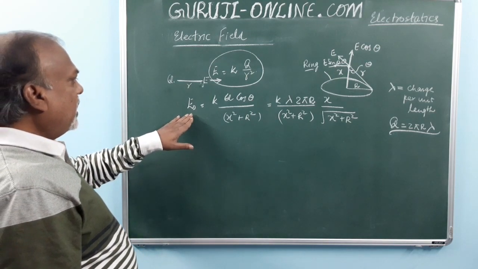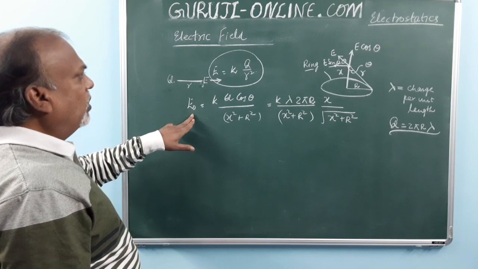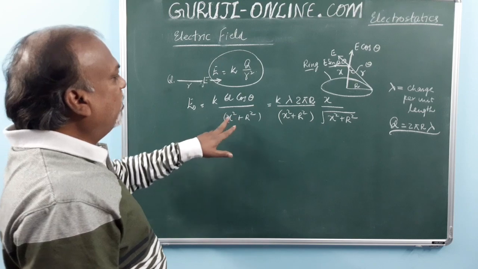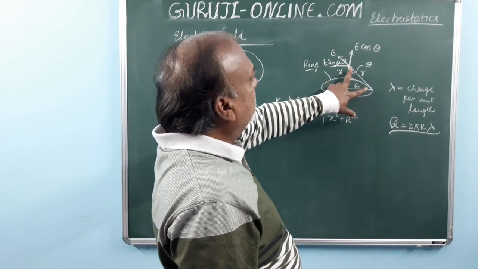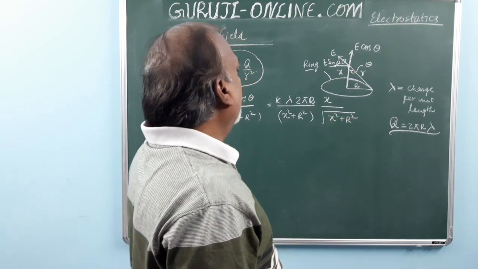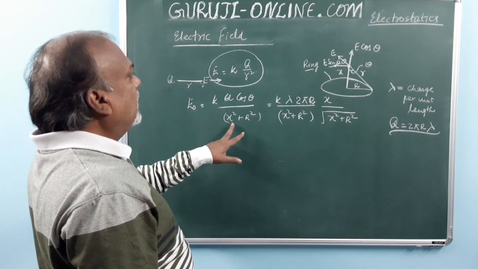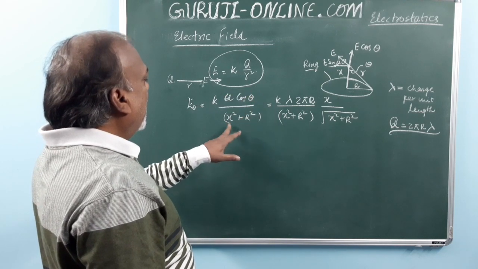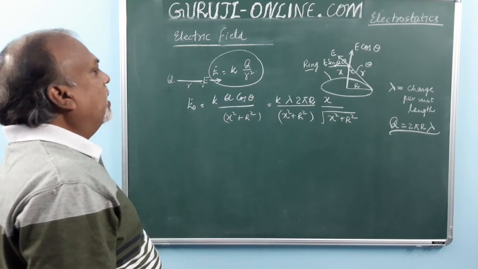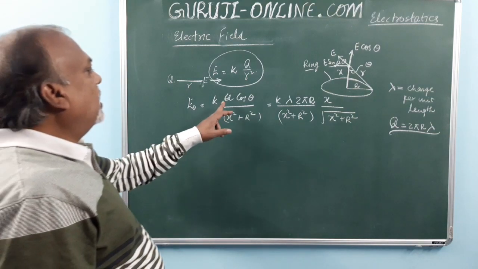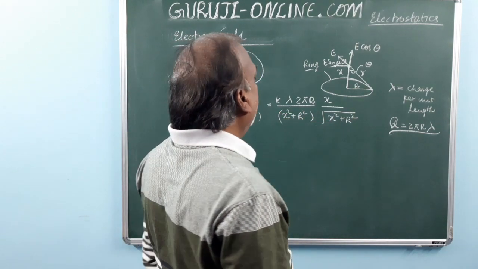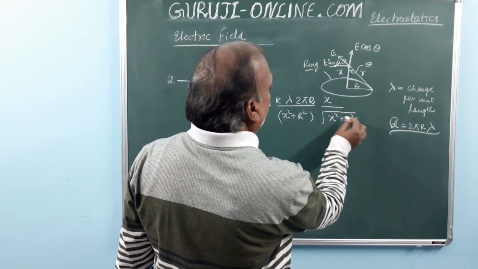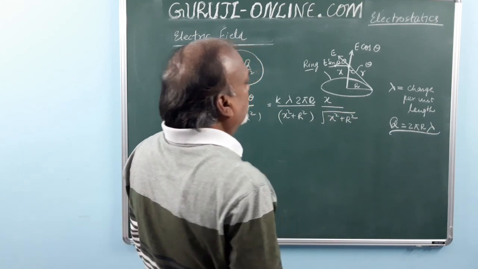So we are interested basically in this component, that is E cos theta, and the electric field at point O will be K Q cos theta upon R square, and this distance R square is nothing but x square plus r square. Q is nothing but lambda 2 pi r, and cos theta is nothing but x upon square root of x square plus r square.